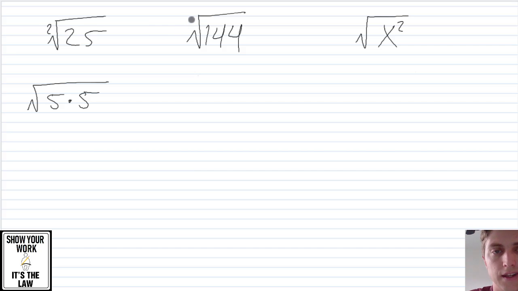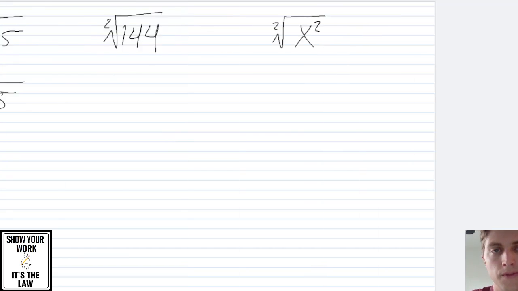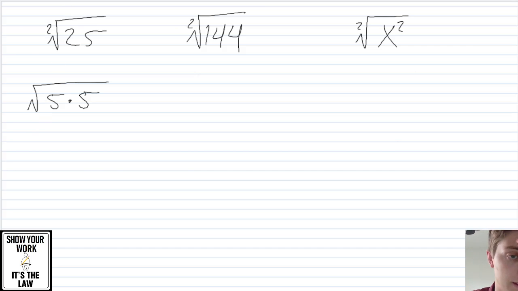So it wouldn't be a bad idea to make it a habit of writing 2 there, just like we write 3 for a cube root. Because it is the square root right here, if we see a number in here twice, we can cancel it and pull it outside. So 5 is in there twice, so we can pull that out. There's nothing left in the square root sign, which just means 5 was our answer.